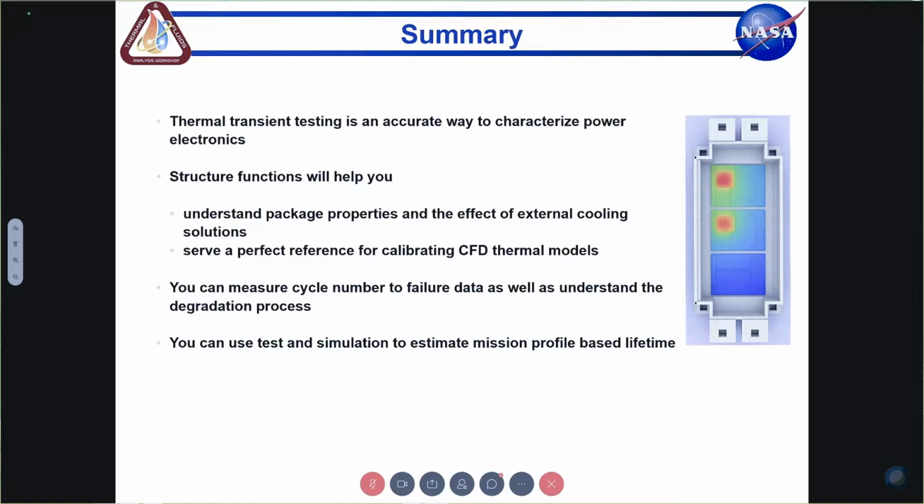And if you use the structure function methodology I showed you, you can get an understanding of the thermal behavior of the component and its external cooling solutions, and you can combine it with CFD simulations to get a very accurate 3D CFD model of your package and the entire cooling environment, giving you a mission profile based lifetime estimate at the end of the day.